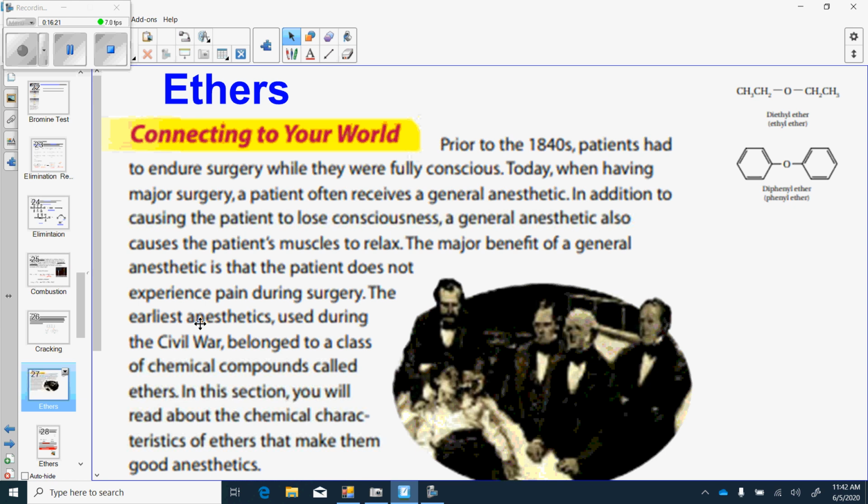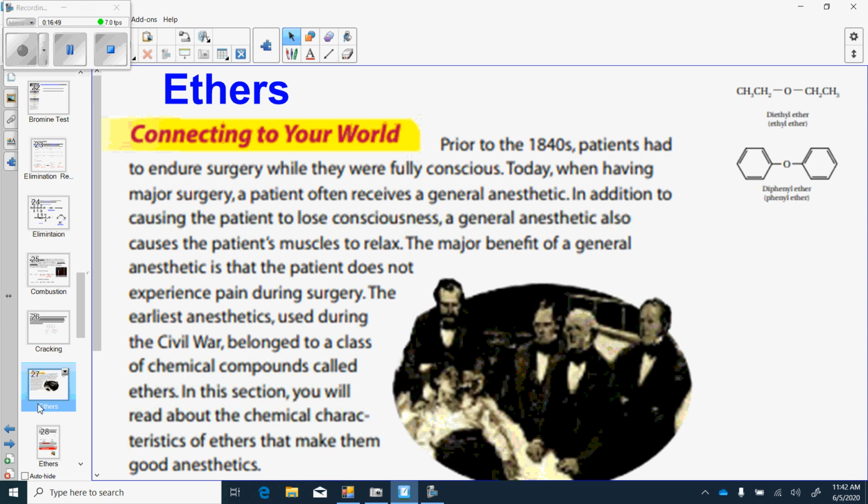When ether came along, one member of the ether family, they were able to use it in order to cause the patient to lose consciousness and also to have the patient's muscles relax. So the surgery was easier and a heck of a lot more comfortable for the patient when it happened. So it's just kind of a neat little historical point when it comes to ethers.